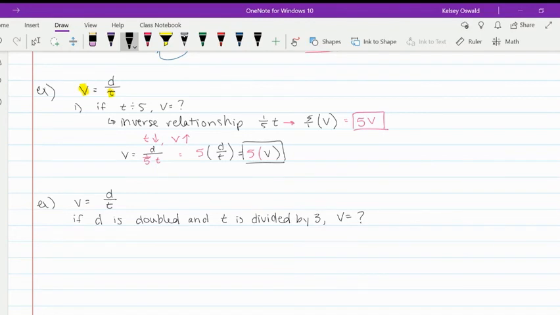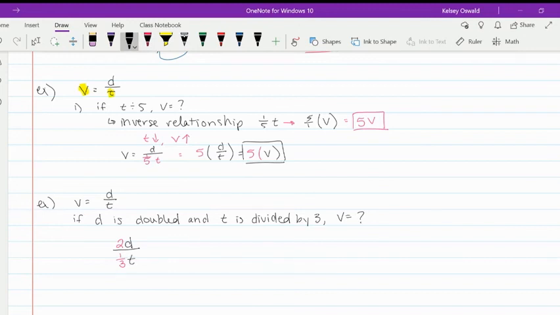So for these guys, this is where I do think it's easier to just plug that multiplier into your expression. So we have in our expression 2 times our original value for d, and we're dividing t by 3, or taking 1/3 of our original value for t.